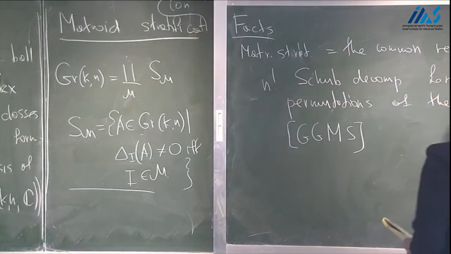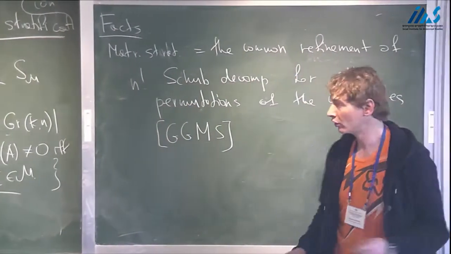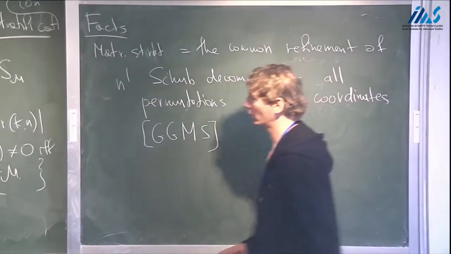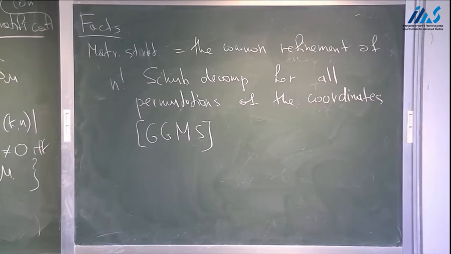So what I mean by saying that it's a common refinement of n factorial Schubert decompositions. Suppose we have a Schubert decomposition. That means that you fix the lexicographically minimal base of your Matroid, lexicographical with respect to the usual ordering of the coordinates. So you usually order the ground set, like 1 is less than 2 is less than 3, and so on.